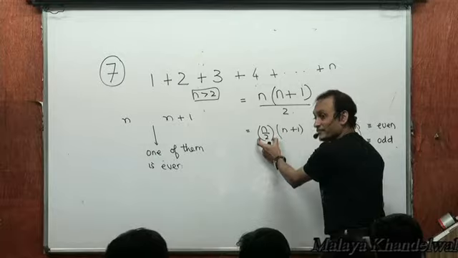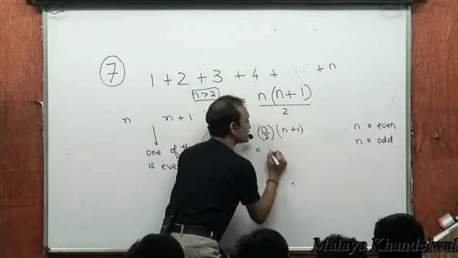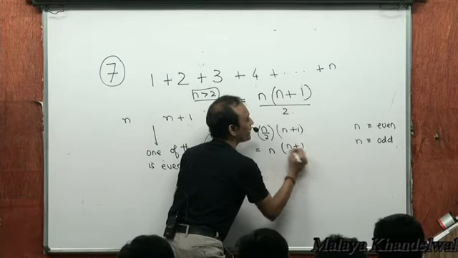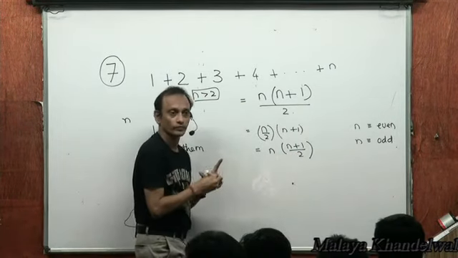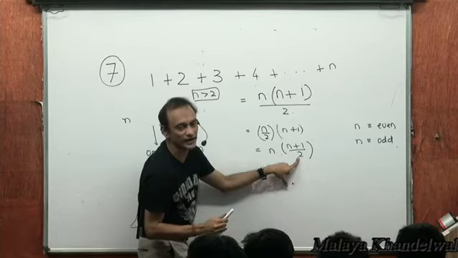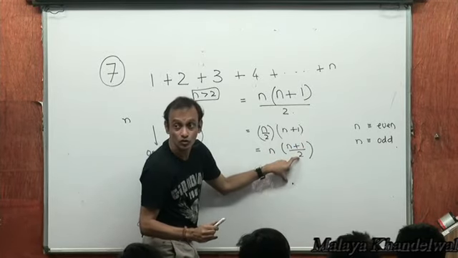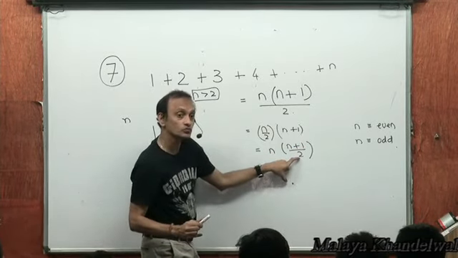Then n plus 1 will be divisible by 2, so n plus 1 by 2 will be an integer. Then it can be written as n into n plus 1 by 2. So again a product of two integers, because now n plus 1 by 2 would be an integer. Why? Because n plus 1 will be even and therefore divisible by 2. Yes or no?